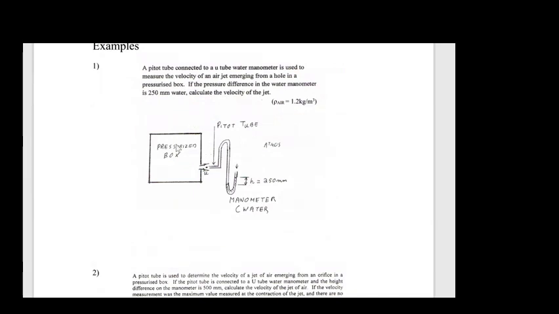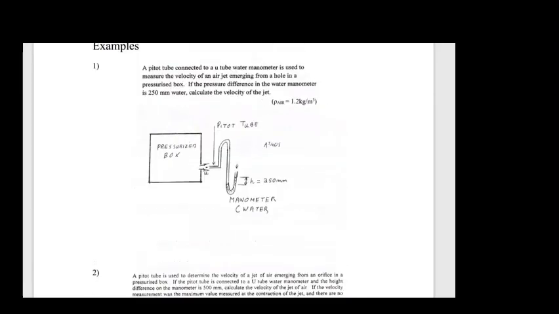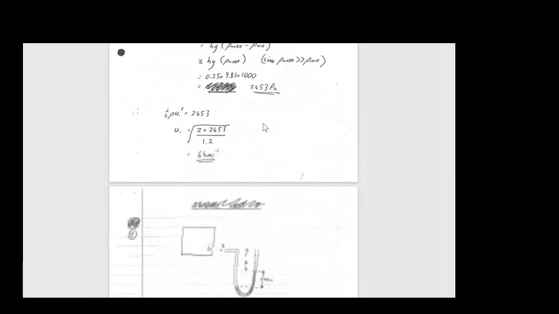And there you can see an example of a pitot tube connected to a manometer so that we can work out the velocity of the fluid coming out of that box. And again, I will upload worked solutions to those examples, so you can see those solutions there.